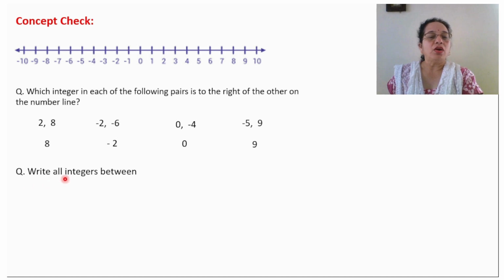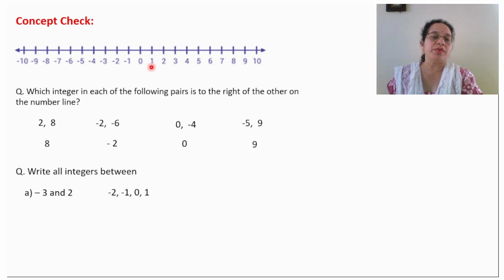Now write all the integers between -3 and 2. Between means these two numbers don't come. Whatever numbers are there between -3 and 2, that will be the answer. So start writing the answer. You can say -2, -1, 0 and 1.